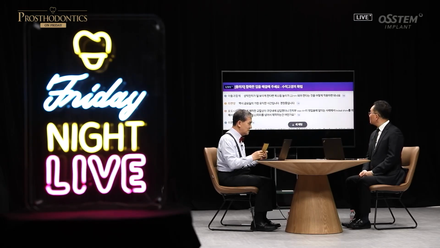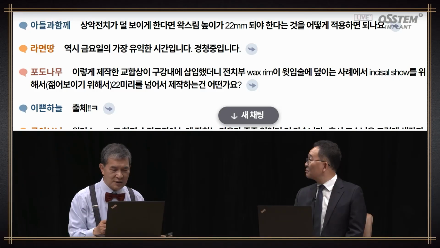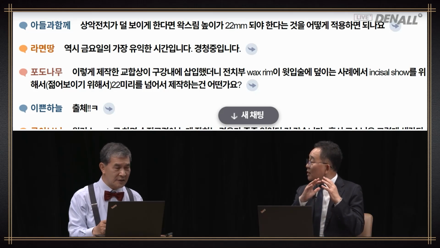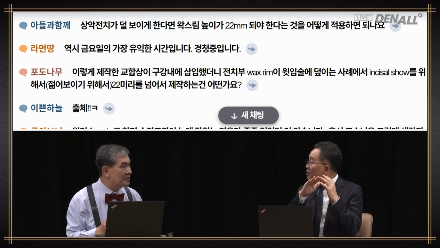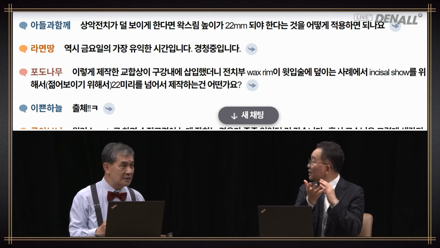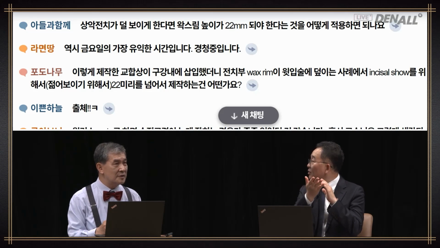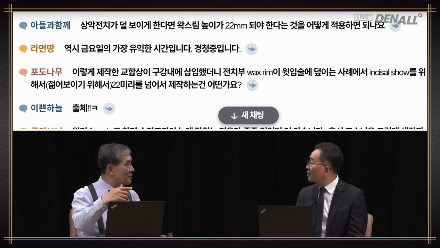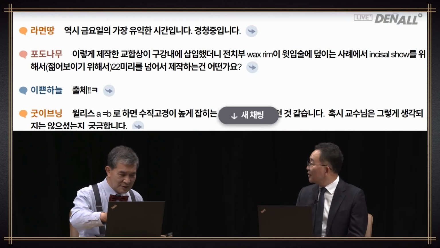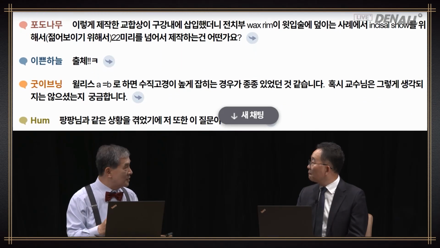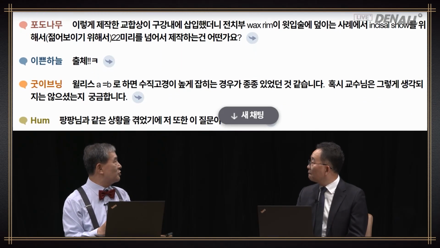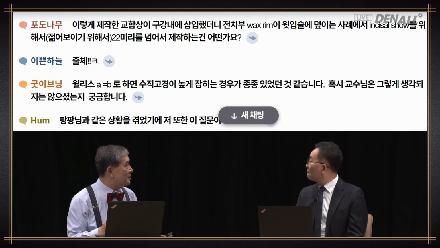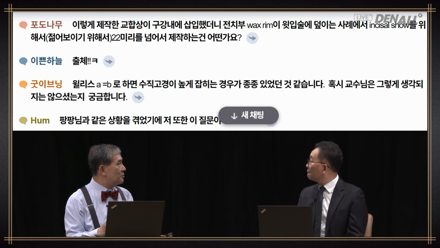By making the upper anteriors show less, how can I apply 22 millimeters of wax rim height then? When you first make a wax rim at 22 millimeters, you need to do try-in. And in these cases, you remove 1 to 2 millimeters. There was a case where when I placed the occlusal wax rim in the oral cavity, the wax rim was covered by the upper lip.